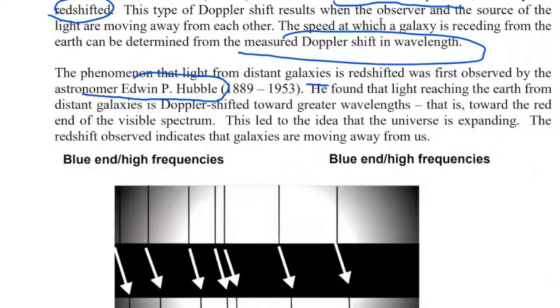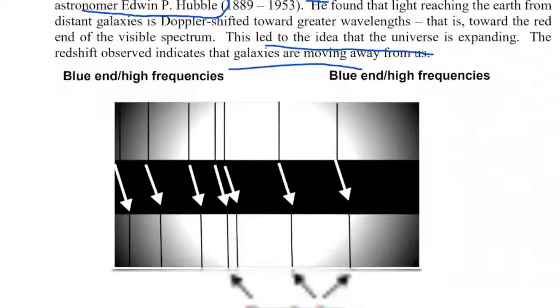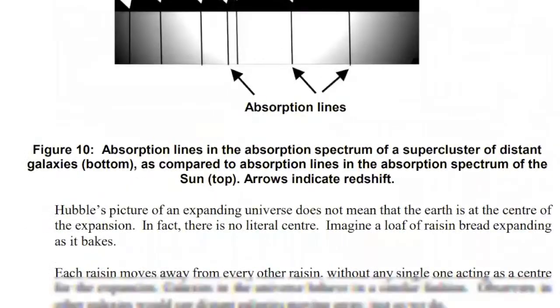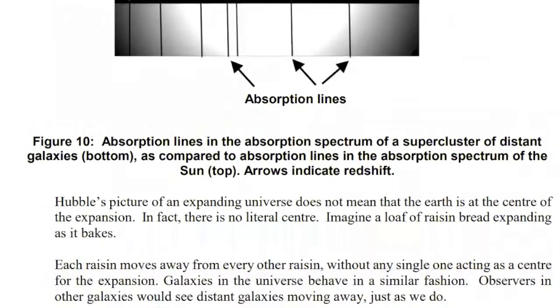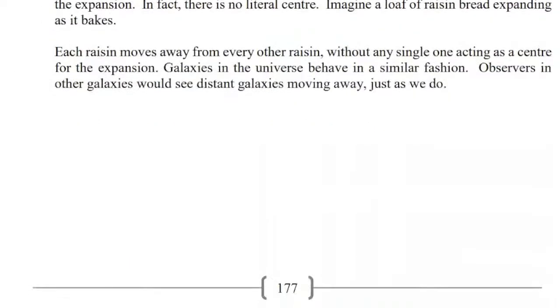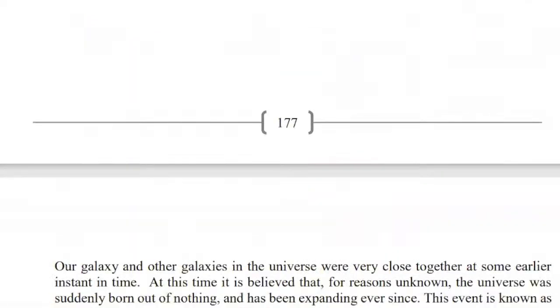When the frequency is small, remember, the wavelength is big. This led to the idea that the universe is expanding, and the redshift observed indicates that the galaxies are moving away from us. So that is all I can say as far as the Doppler introduction is concerned.